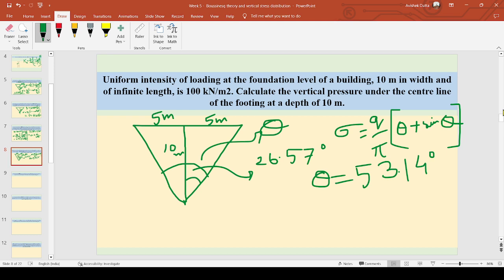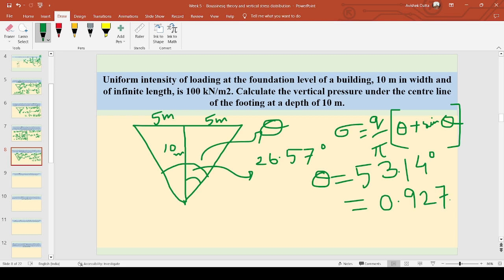Now, if we want to convert this into radian, because we have to do that for putting the same in the formula, then 53.14 degree into pi by 180 will give us a value of around 0.927.